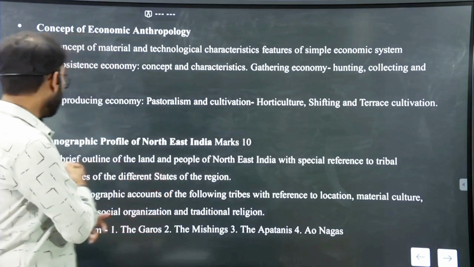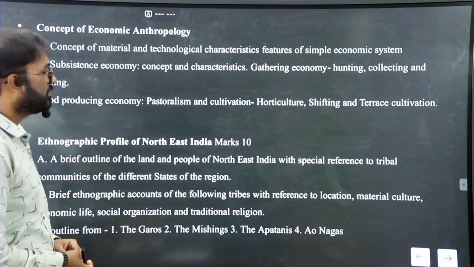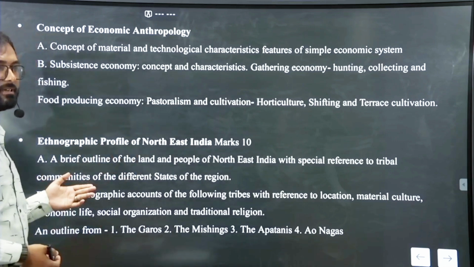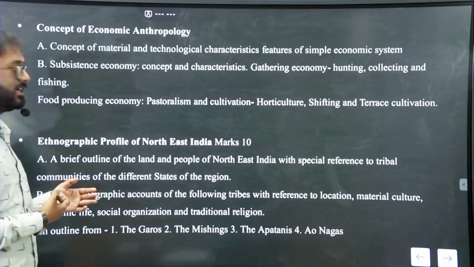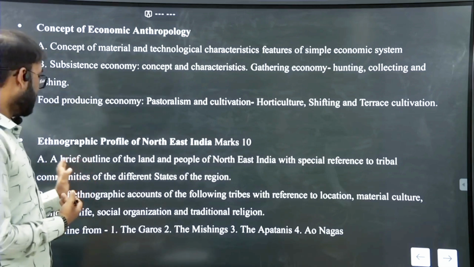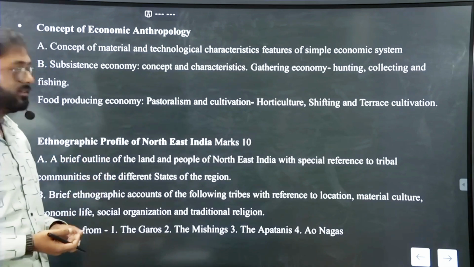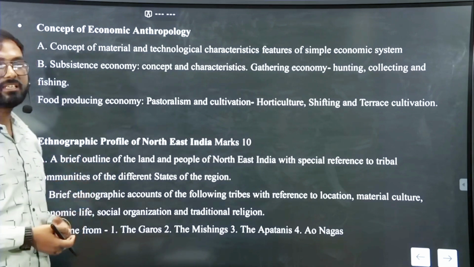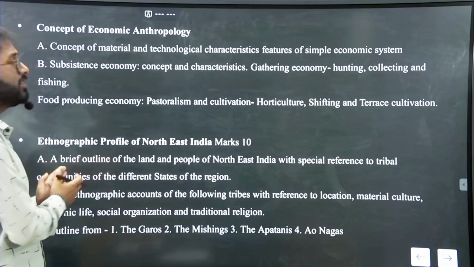So in this way, we have to study a brief outline of the land and people of Northeast India with special reference to tribal communities. I just gave the example of the tribal communities of Meghalaya. There are different lands in the Northeast region where different communities and tribal peoples live, so we have to study a brief outline.